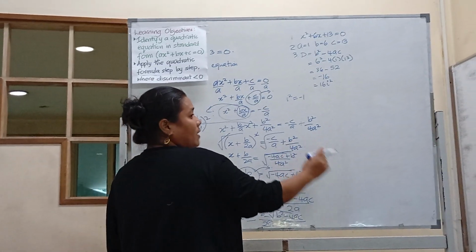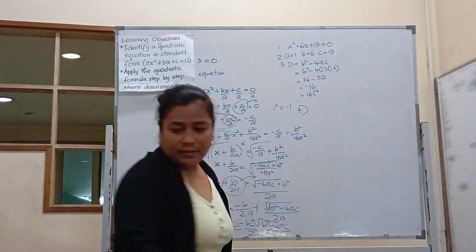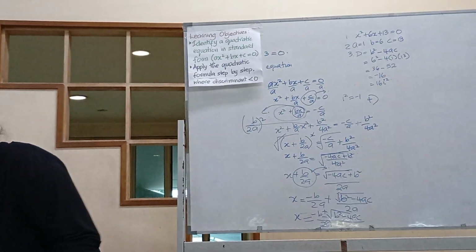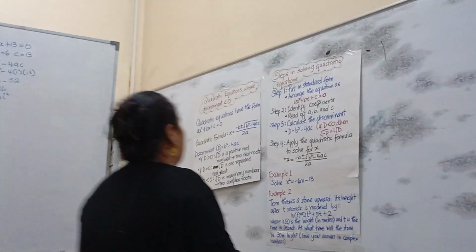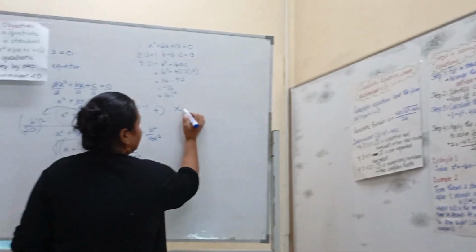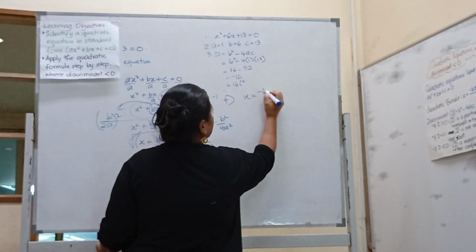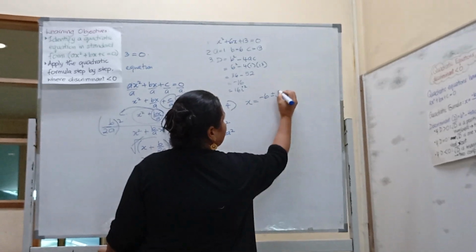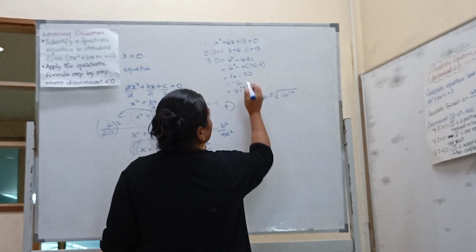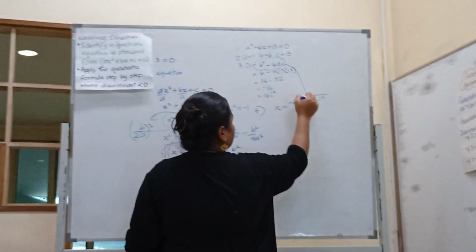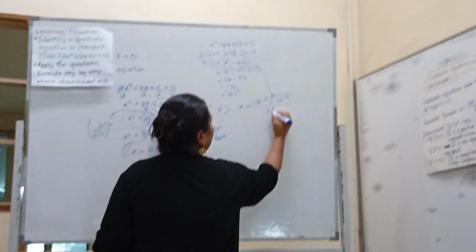Yeah. Okay. So now we are going to step 4, which is apply the quadratic equation. X is equal to negative b, here negative 6, plus and minus the square root of this one, 16i squared, because this is the discriminant here, over 2a, here 1.